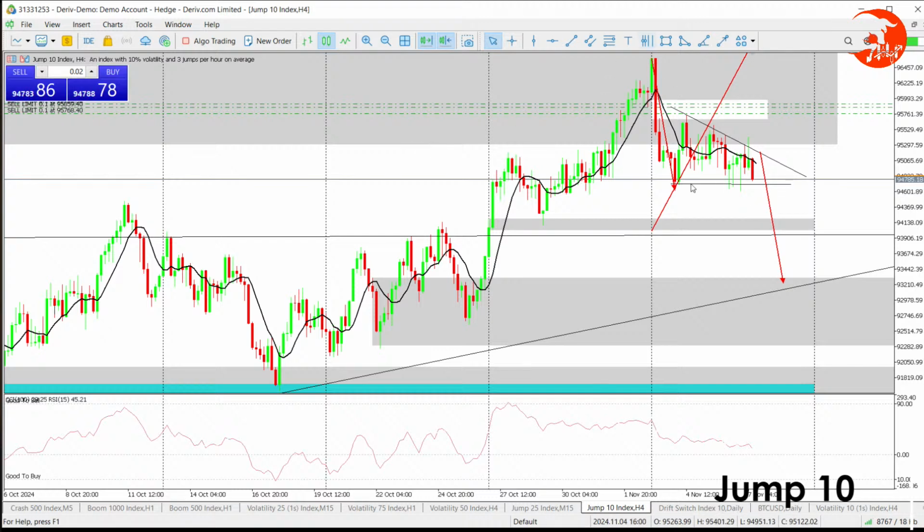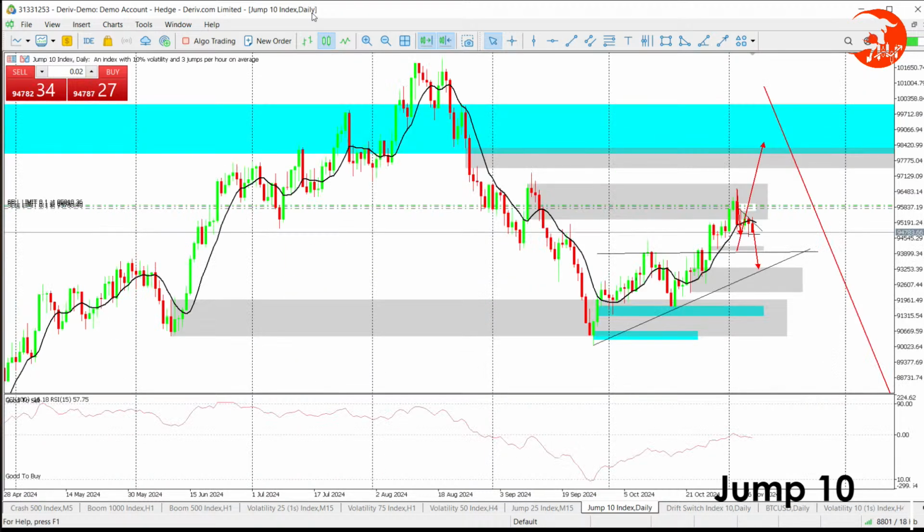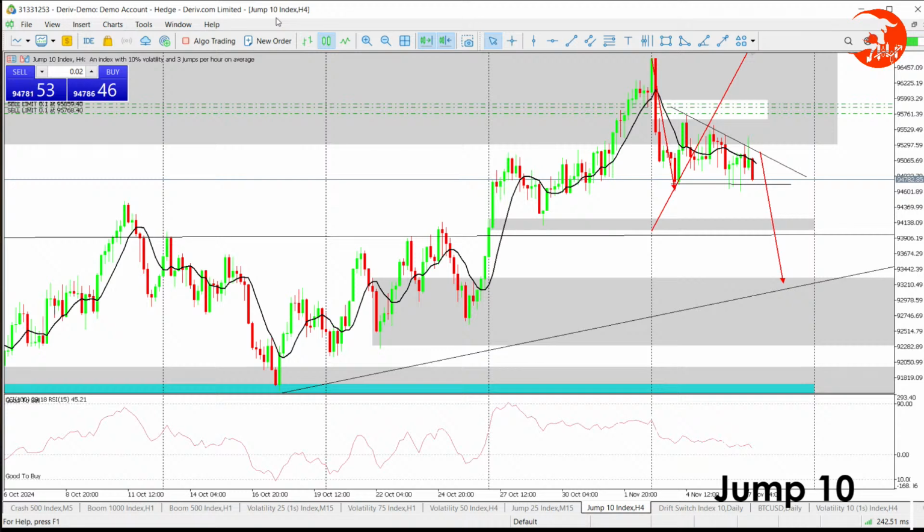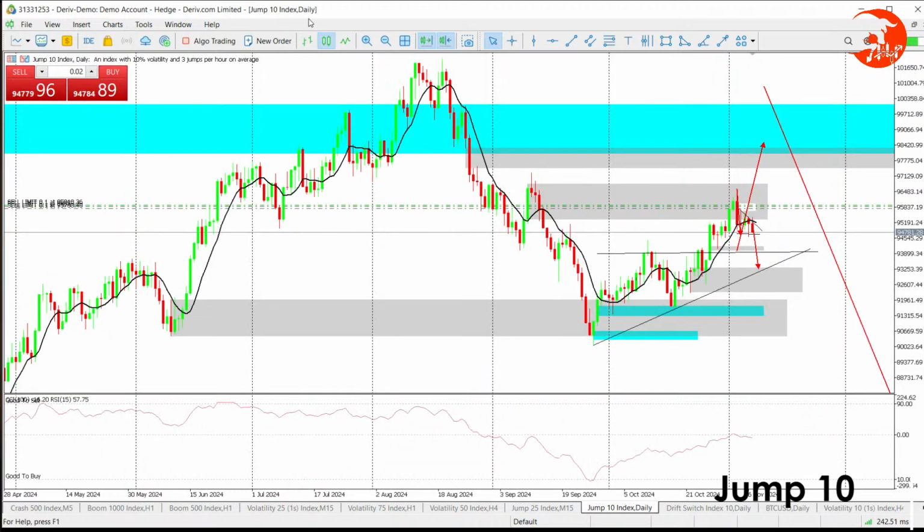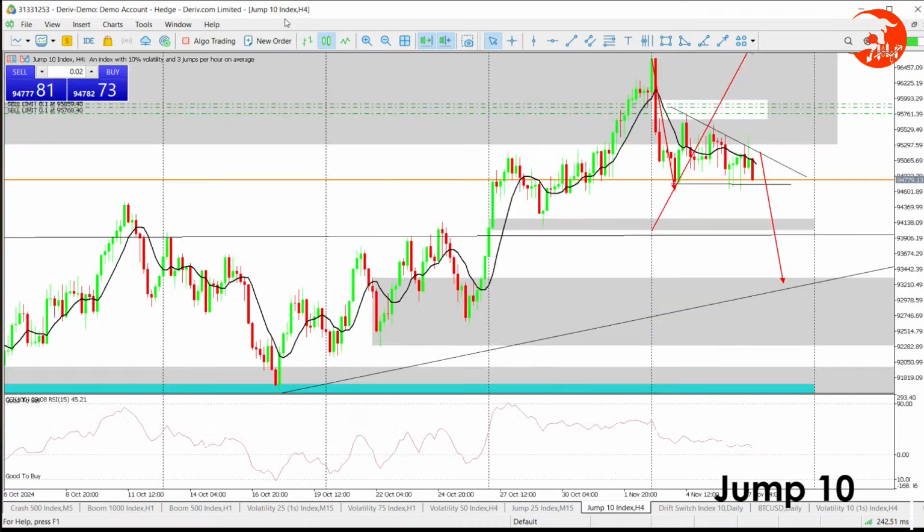So now that I'm selling and I've seen this kind of structure, it is some sort of descending triangle. That means I'll be looking for sales. Why am I looking for sales? Because this very structure or pattern has been created on that very resistance level, and that only tells me that continuation of sales is on.